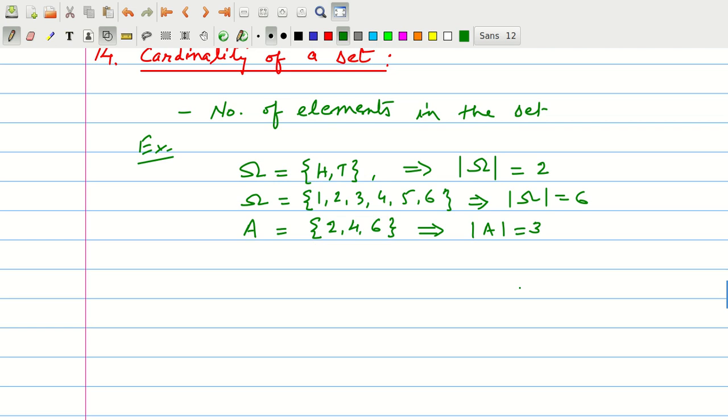To remember the meaning of cardinality of a set, it will be good to know the meaning of the terms cardinal numbers and ordinal numbers.